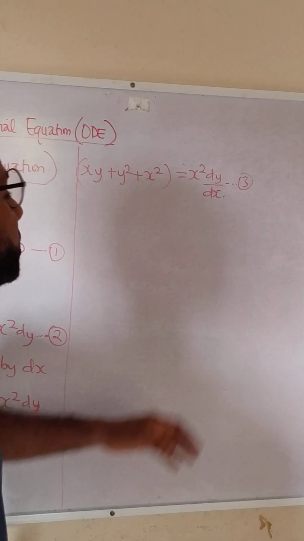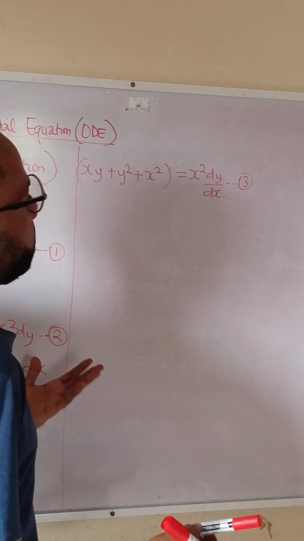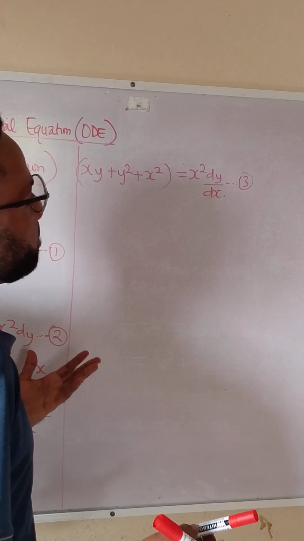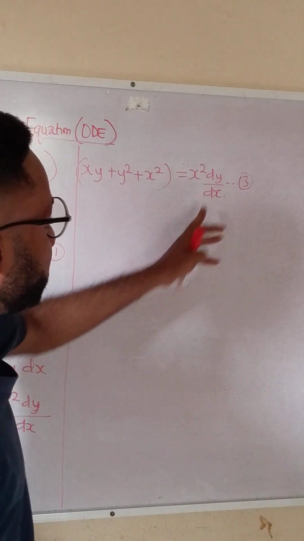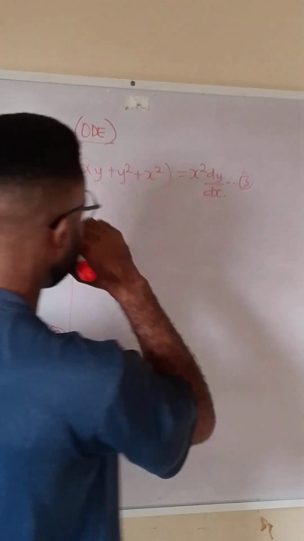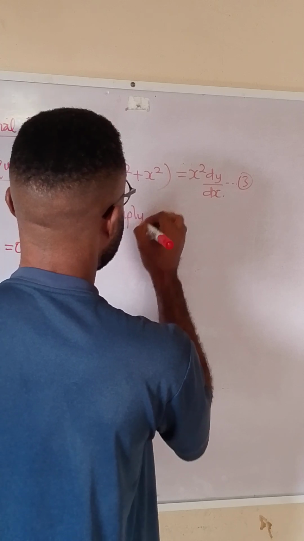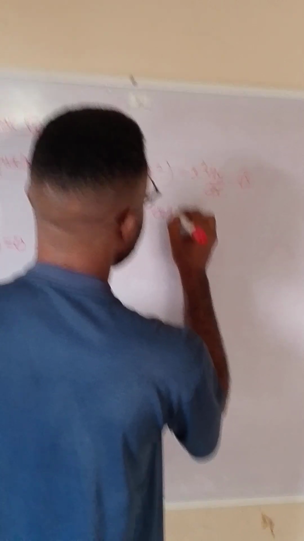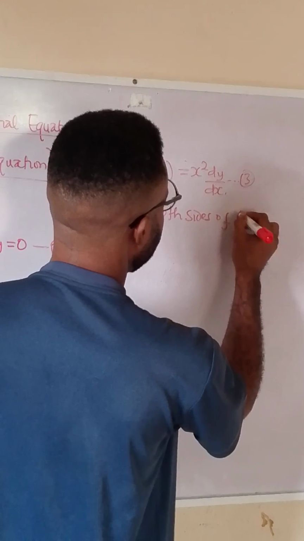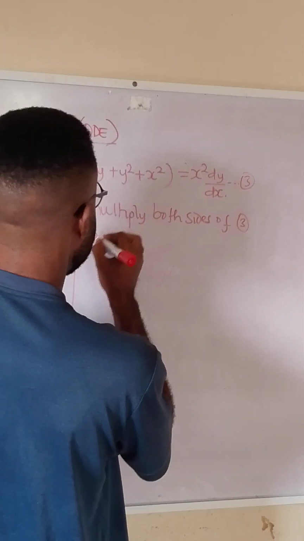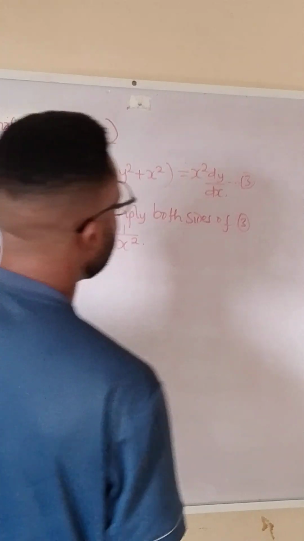In order to ensure that dy/dx stands alone, we multiply both sides of equation 3 by 1 over x squared.